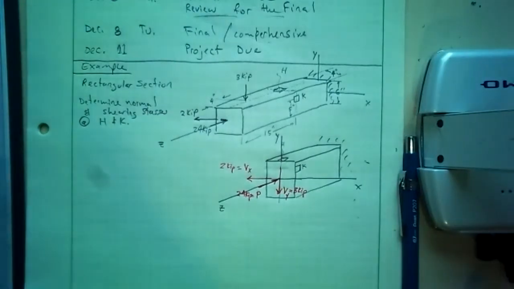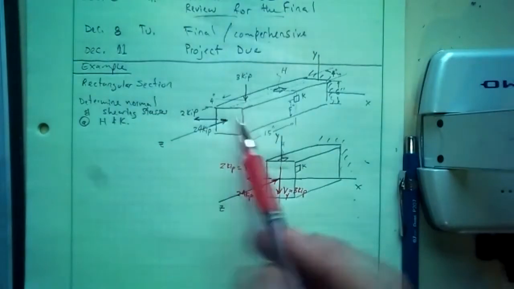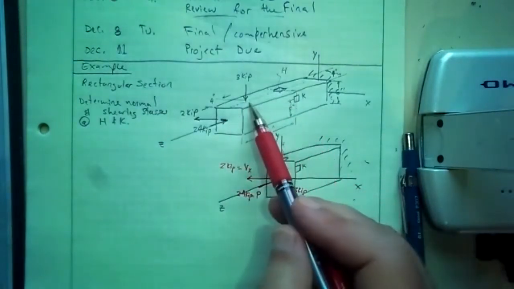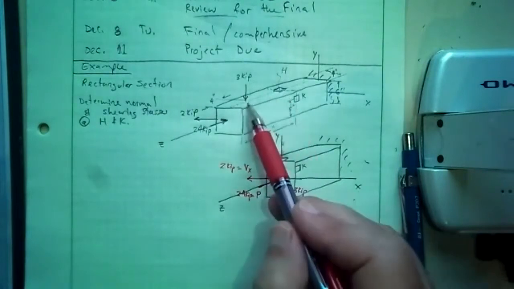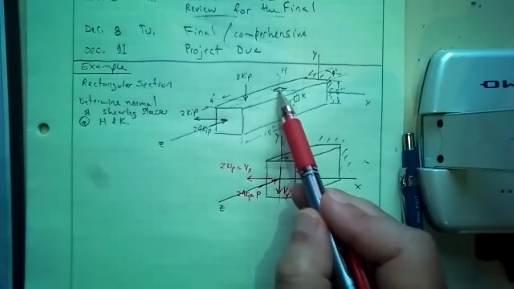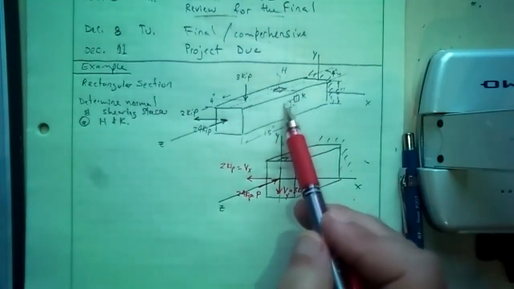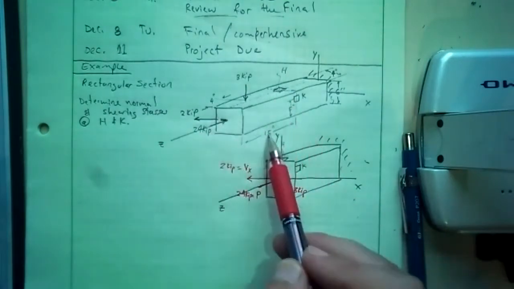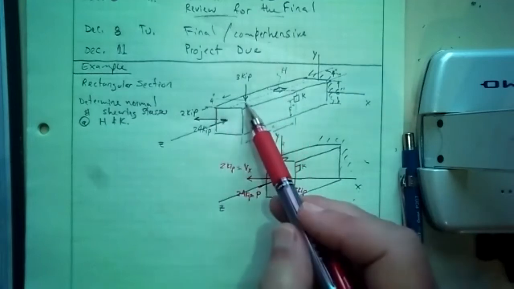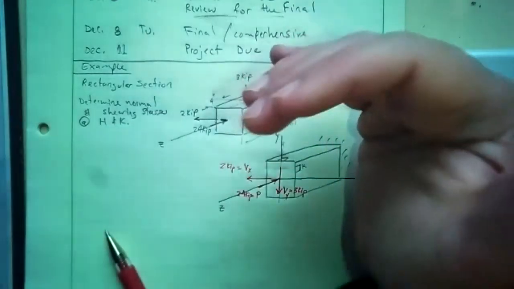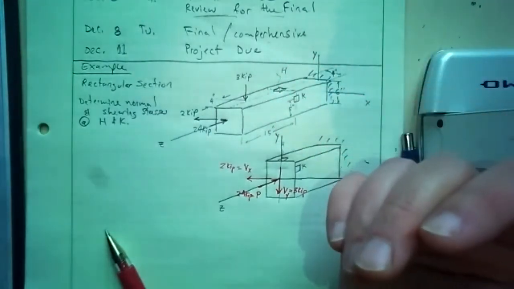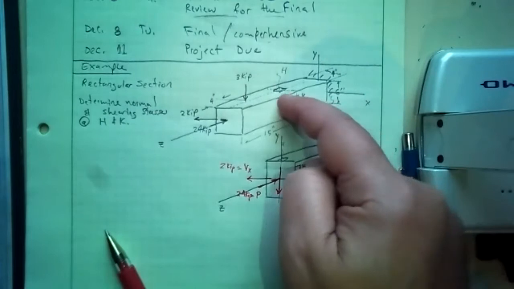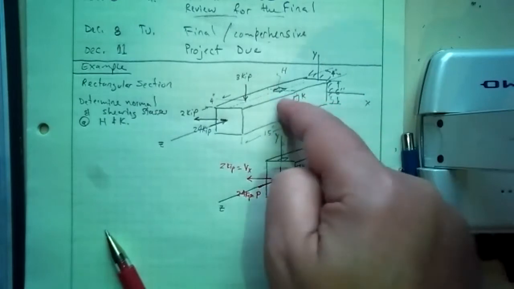And what else do I have? This times the distance of 11 inches. It's a distance from here to here is 11 inches from 3 kip to where the cross section contains H and K is 11 inches. That is 15 minus 4. That produces a moment. So the moment is always R cross F, right? R from where I'm taking a moment at, or the cross section is.